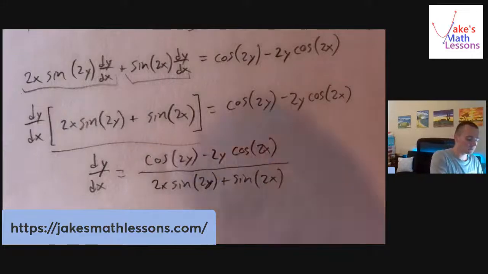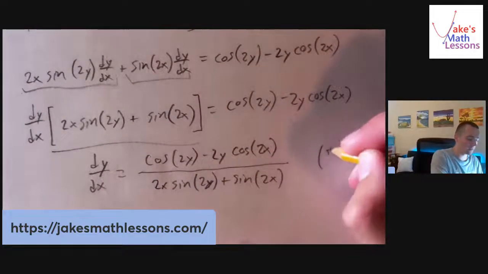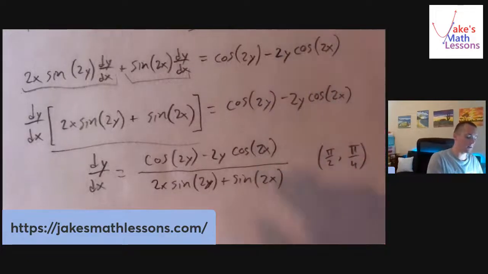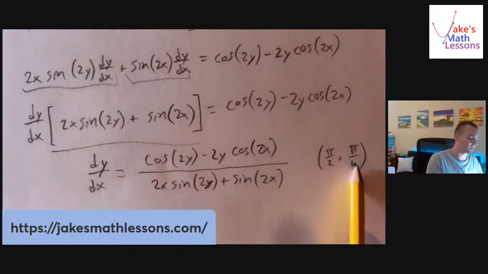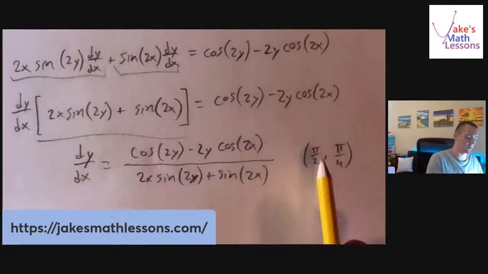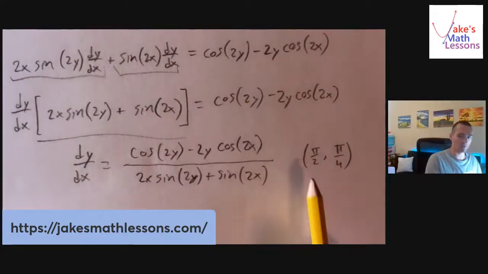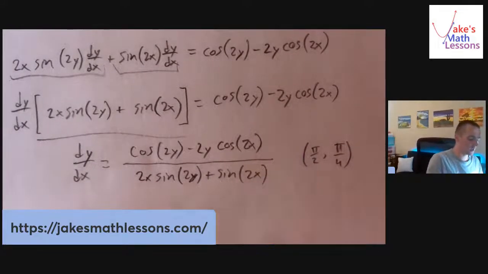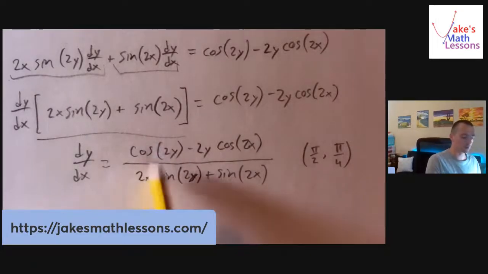So if we plug in the point pi over 2, pi over 4, which means wherever we see a y in this equation, we replace it with pi over 4. Wherever we see an x in this equation, we replace it with pi over 2. That'll give us the slope of this curve at this point. I'm not going to go through all of that. You can see some of these terms are going to cancel out.